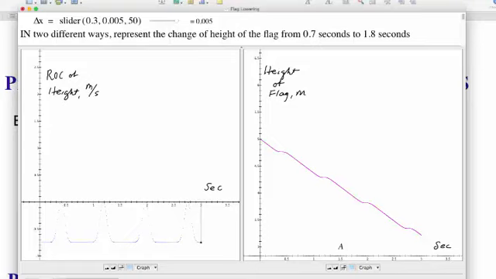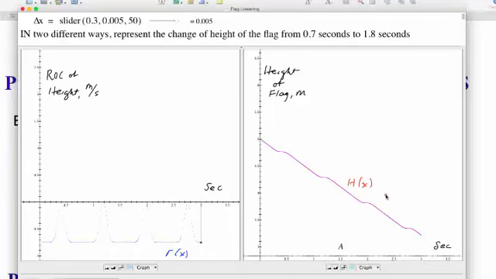Okay, so let's call this function r for rate over here. So we'll call this one r of x, where x is seconds. And let's call this one h of x for height. So this is the height function h, values of the dependent variable h of x.